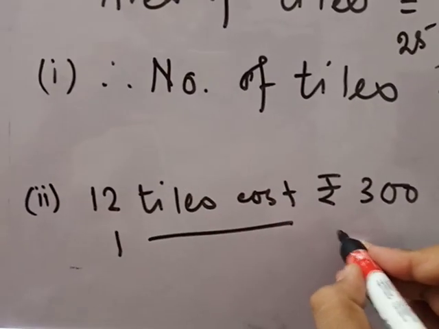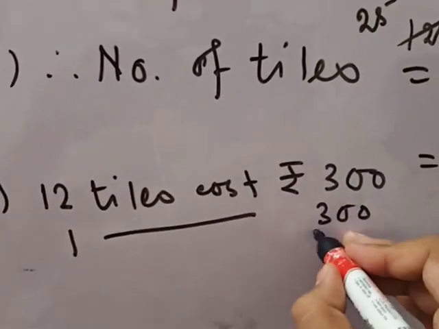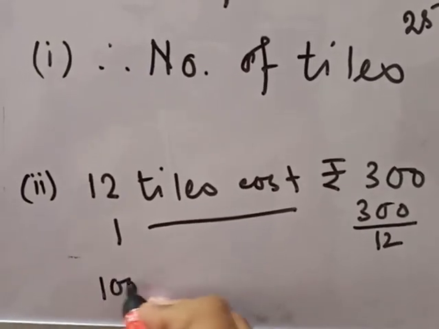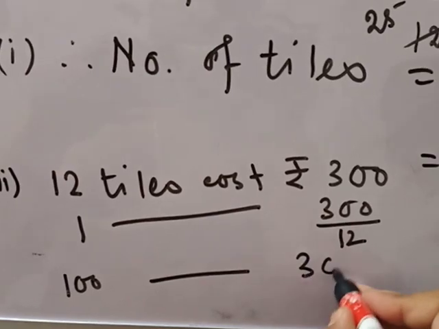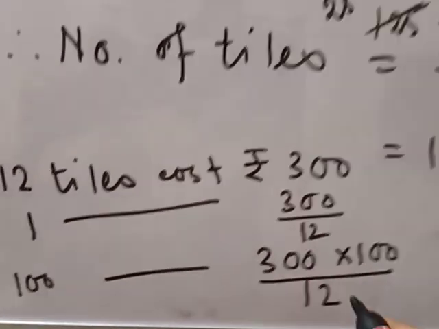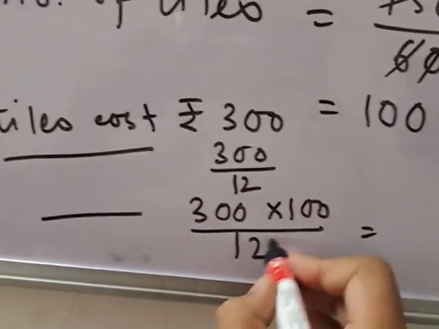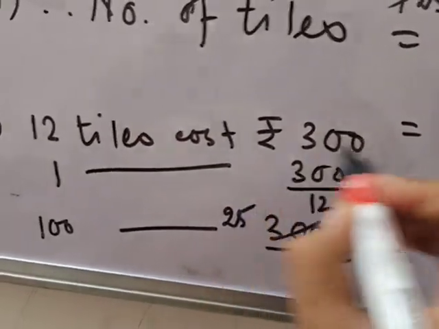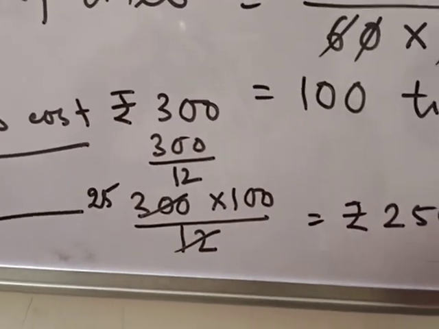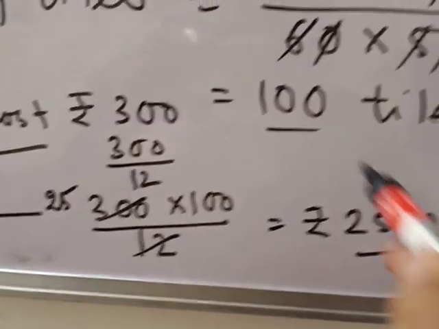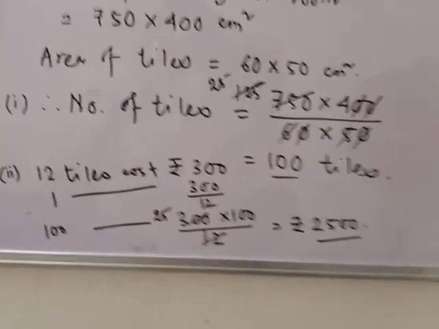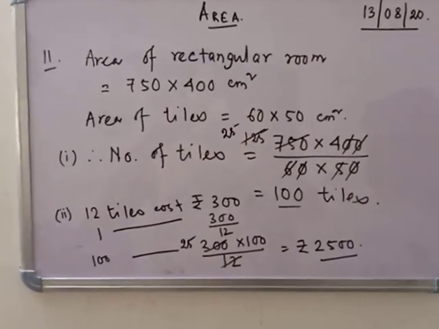One tile costs 300 by 12. 100 tiles cost 300 into 100 by 12. So if we divide this, we get 25. So rupees 2500. These two are the answers. 100 tiles are needed and rupees 2500 is the total expense. This is number 11.